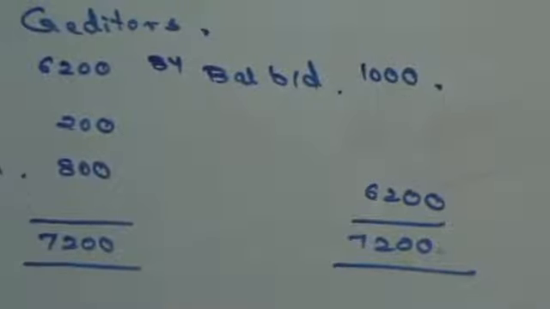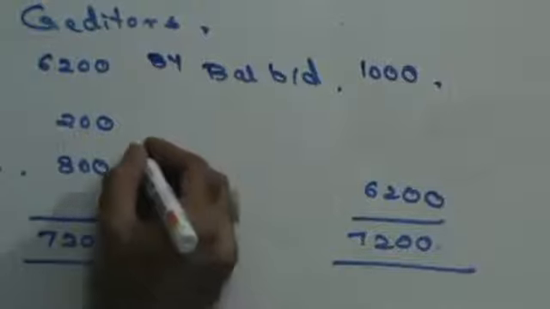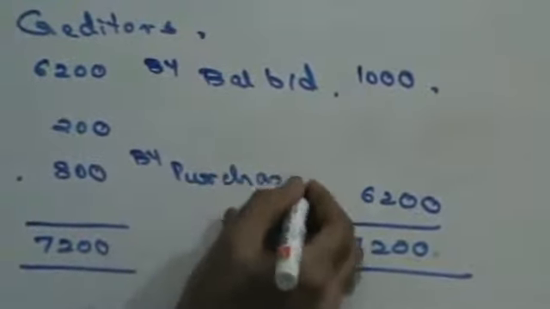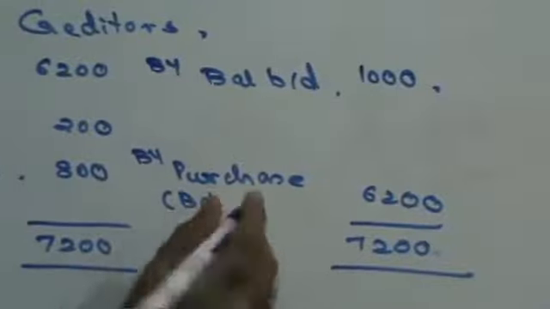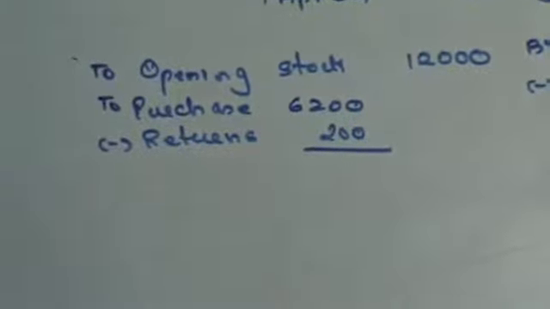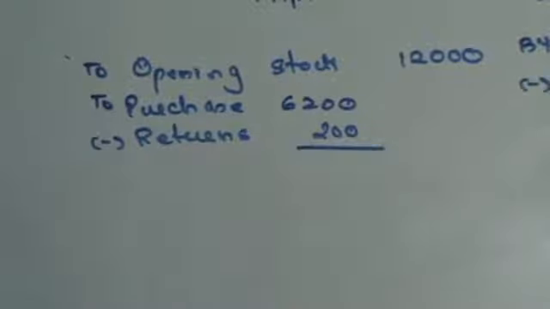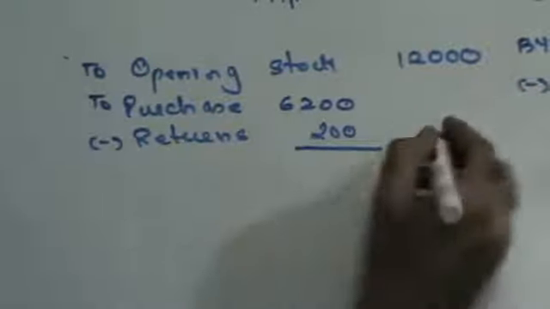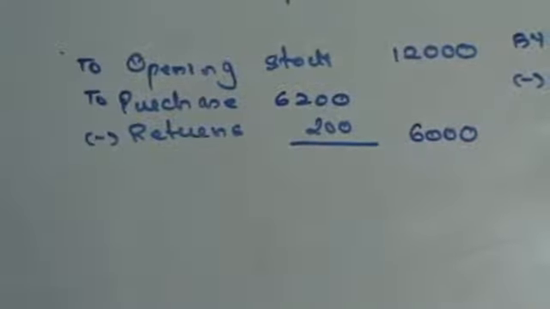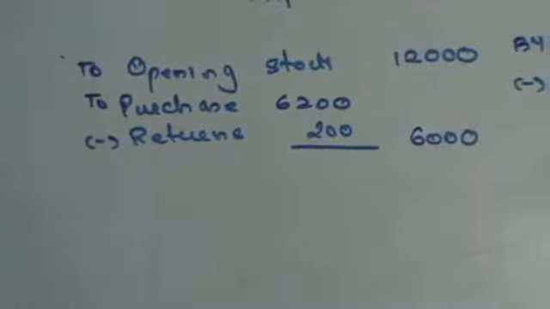The difference is going to be called as purchase. Purchase. This is my balancing figure. So purchase is 6,200. Second effect of that, in memorandum of trading, purchase 6,200 minus 200 will give you 6,000. So purchases are going to be 6,000.